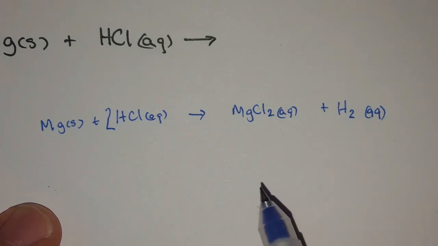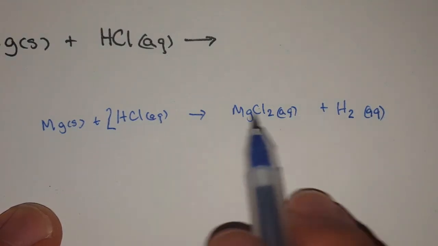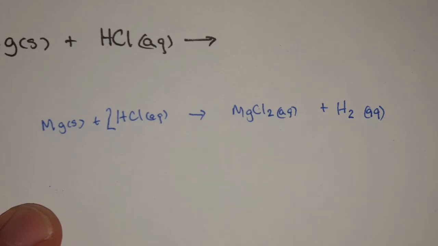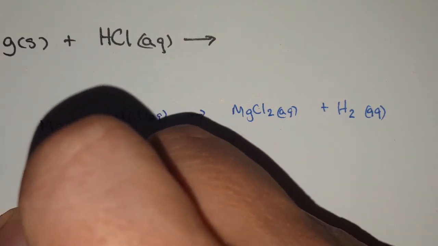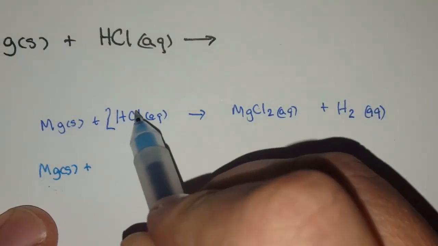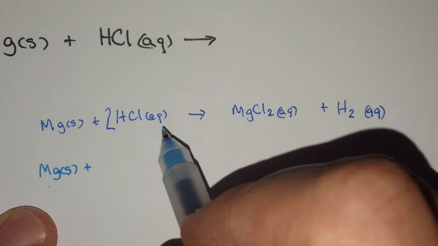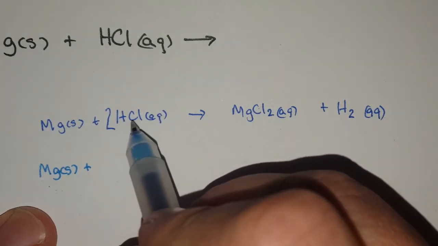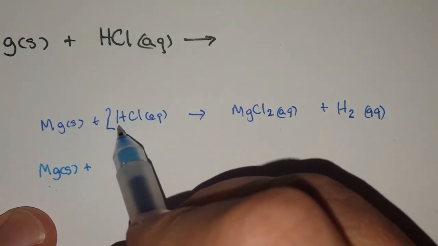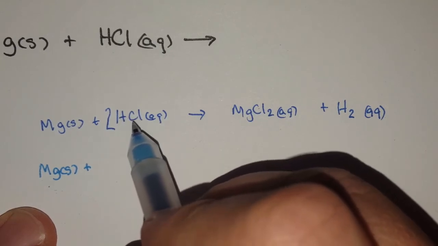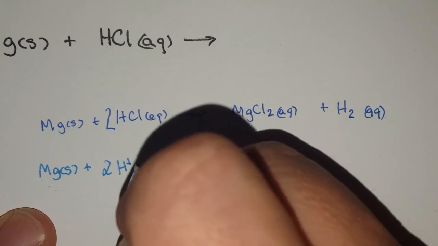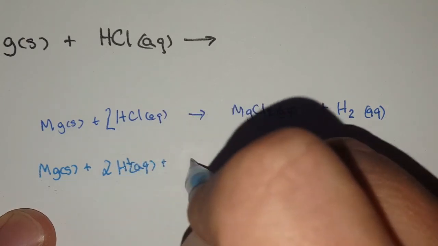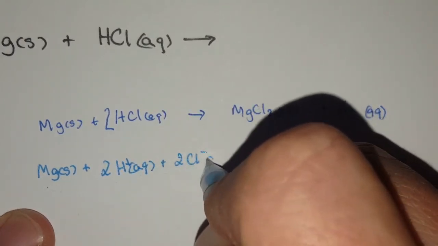Now remember, when you do this, you have to ensure to balance. Now anything that is aqueous would get separated into its individual ions. So this is still solid. My hydrochloric acid, because it's aqueous, will dissociate into a hydrogen ion and a chloride ion. Because 2 hydrochloric acids ionize, I'll get 2 hydrogen ions and 2 chloride ions.